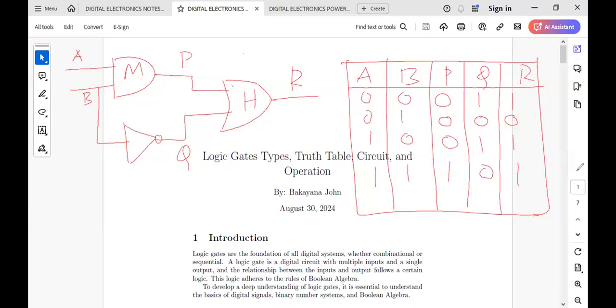The OR gate is arranged in parallel. So when P is open and Q is open, there will be no current flowing. So the result will be 0. Same to when P is open and Q is closed, there will be current flowing. And when P is closed and Q is open, there will be current flowing. That's it.